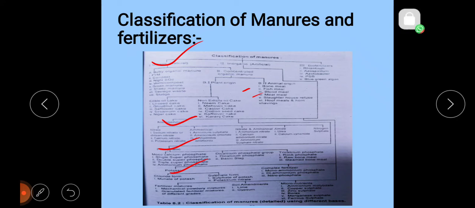Firstly, monocalcium phosphate includes single super phosphate, double super, triple super, and ammonium phosphate. Then dicalcium phosphate and basic slag are also important sources. And then tricalcium includes rock phosphate, raw bone meal, and steamed bone meal. These are the sources of phosphate.